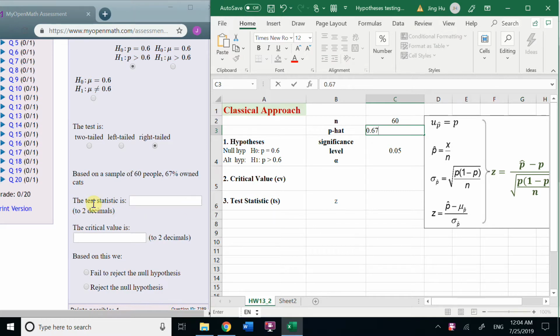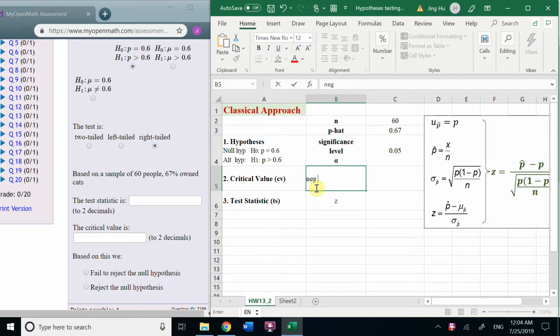We need to get the test statistic and the critical value of Z. So the critical value is based on the alpha. Because this is right-tailed, we need to choose a positive one.